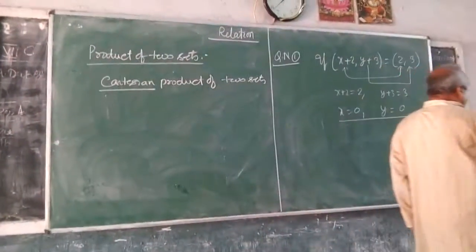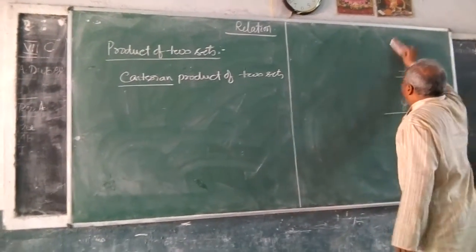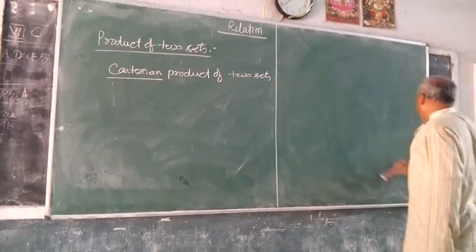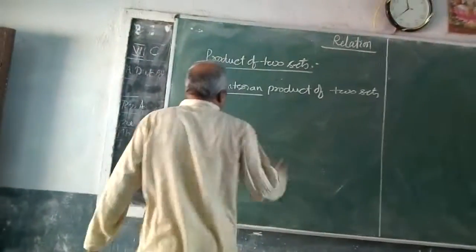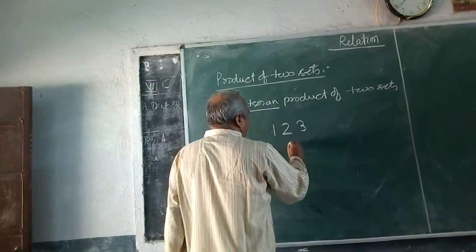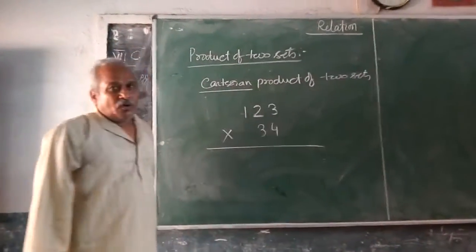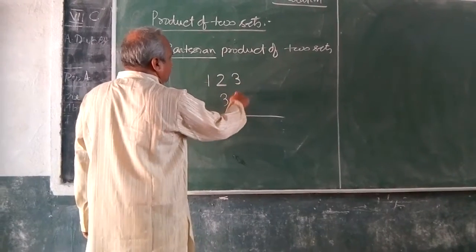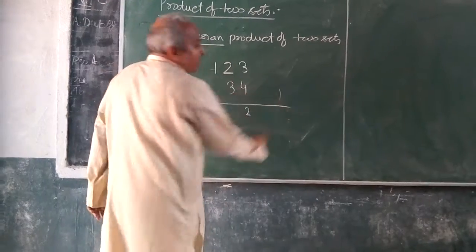Product, we have done the product in arithmetic also, and the same type of concept is applied in the product of two sets. See, suppose I have to multiply 123 by 34 in arithmetic. What do we do? We multiply this 4 by this 3. 4 3s are 12. In arithmetic we write here 2 and carry 1.